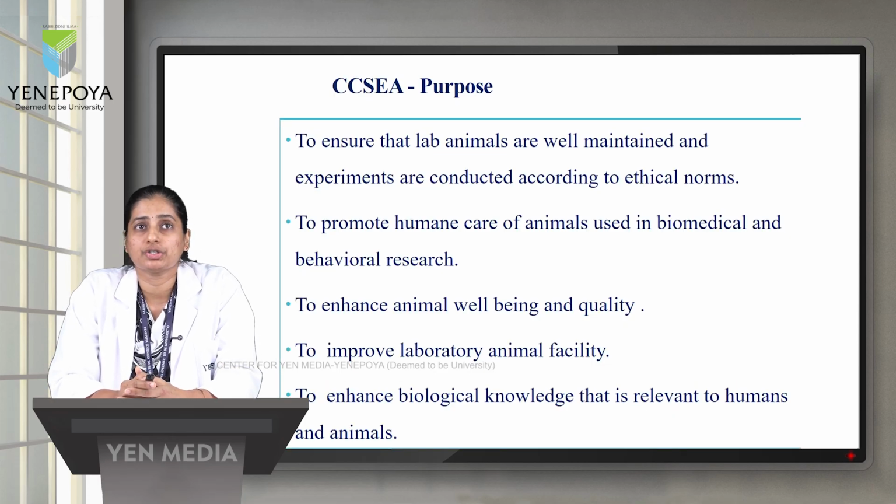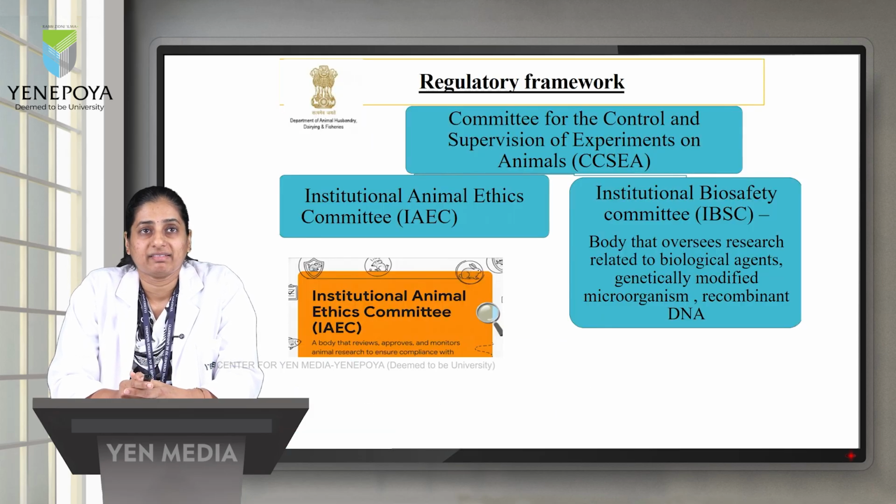CCSEA's purpose is to ensure that the lab animals are well maintained and experiments are conducted according to ethical norms, to promote humane care of animals used in biomedical and behavioral research, to enhance animal well-being and quality, to improve laboratory animal facilities, and to enhance biological knowledge that is relevant to humans and animals. At the institutional level, IAEC functions to make sure that the CCSEA guidelines and regulations are followed.